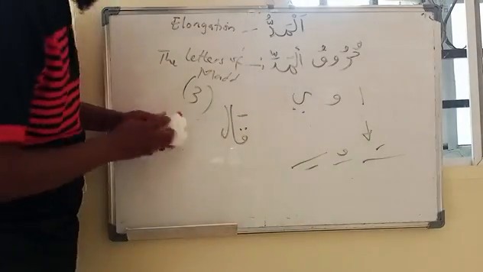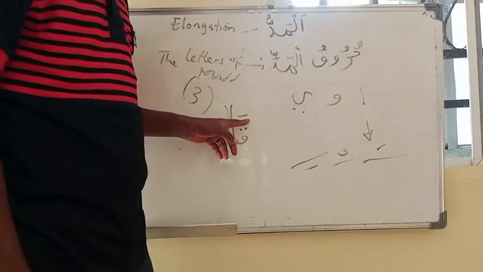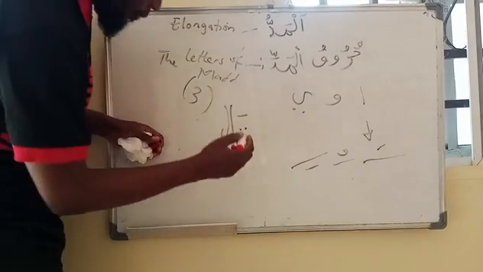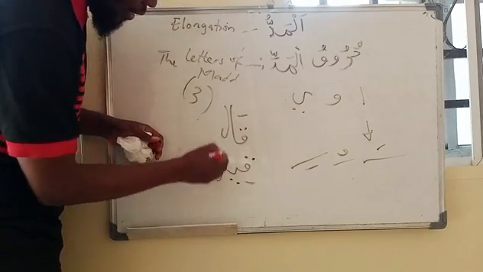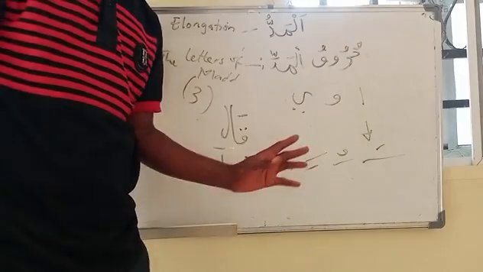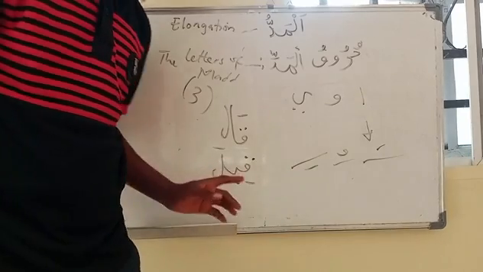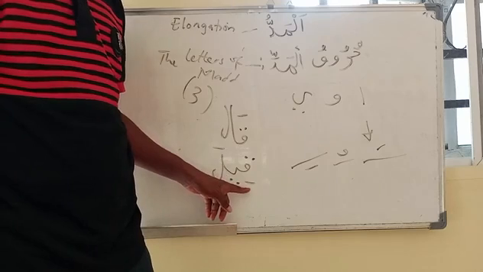An example is qaala, where we elongate the A sound on the qaf with an alif madda. You can also have something like qila: qaf kasra, qi. If you want to elongate the sound without this ya, it will be qi, but if you want it longer, then you introduce the ya madda to elongate the sound.